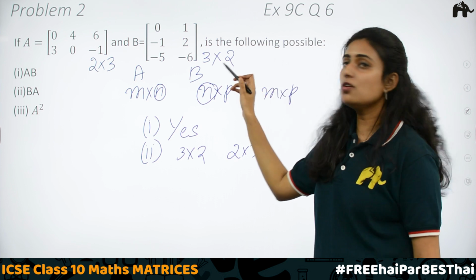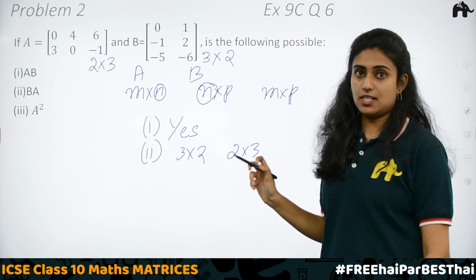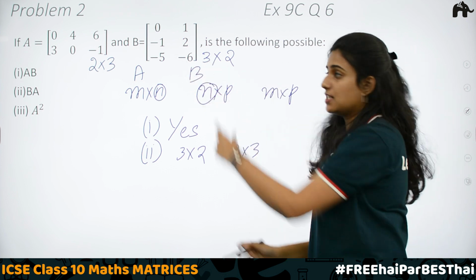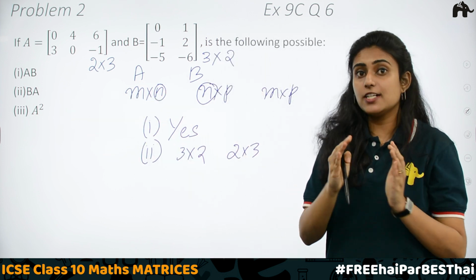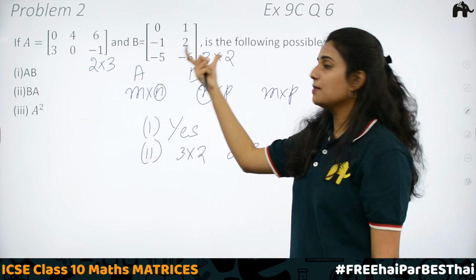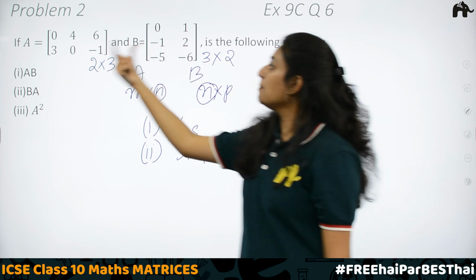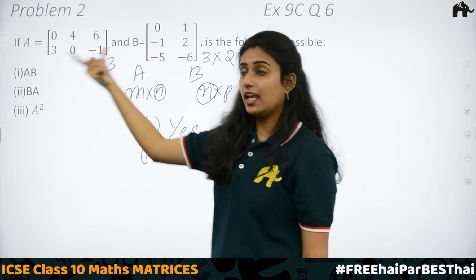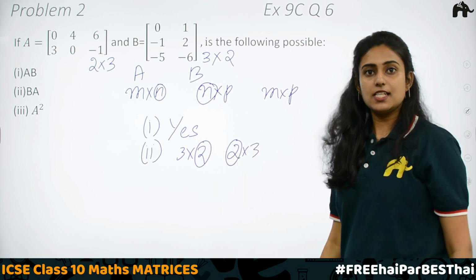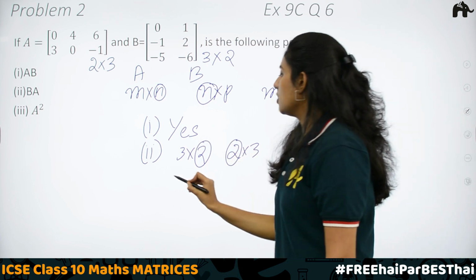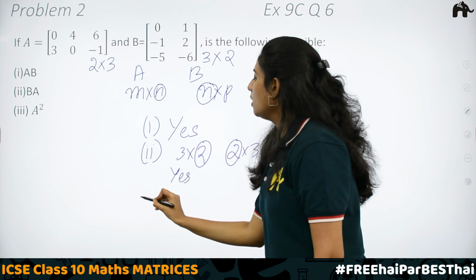Considering B as the first matrix, we need BA. When you are multiplying B and A, B will come first, then comes A. Number of columns in B is 2 and the number of rows in A is equal to 2. 2 and 2. Which means here again the matrix multiplication is possible. Yes.